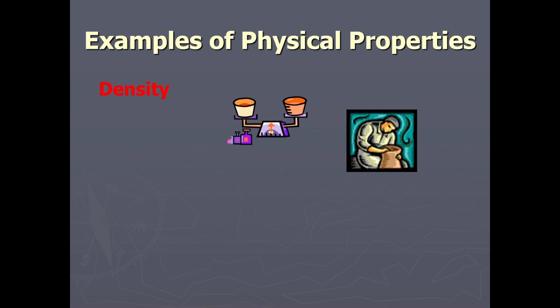Density. Density is a physical property. Does anyone know the equation for density? Mass over volume. How much mass you fit in a single space? One way of looking at it is if something is less dense than water, it'll float.